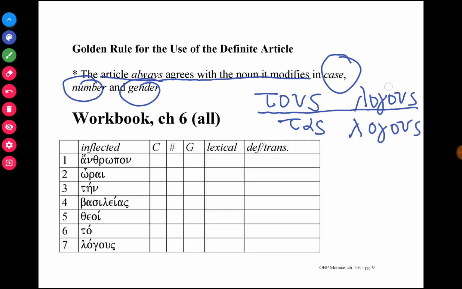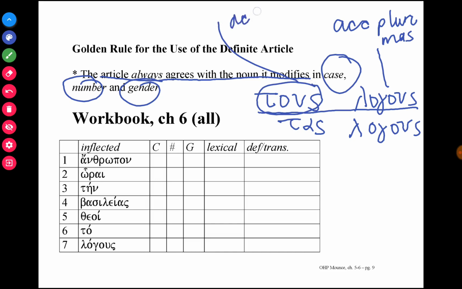The reason why is this is an accusative plural masculine noun. Therefore, it wants an accusative plural masculine definite article. If I want to say "the words" as a direct object, I would say tus logus.